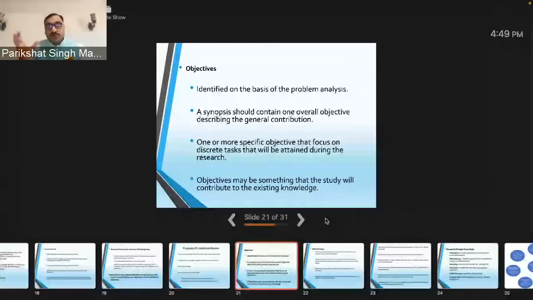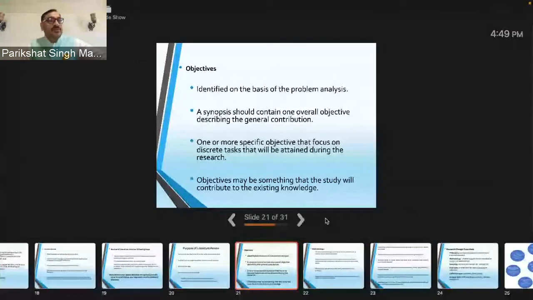Generic, for example, we are going to provide strategies for brand building to the destination. Obviously, when you're doing a research, you are going to provide strategies. But what is going to be the locus standi of those strategies? What are those strategies going to actually point out? A lot of researchers write objectives where the fourth or fifth objective comes out to be giving suggestions for brand building or brand image.